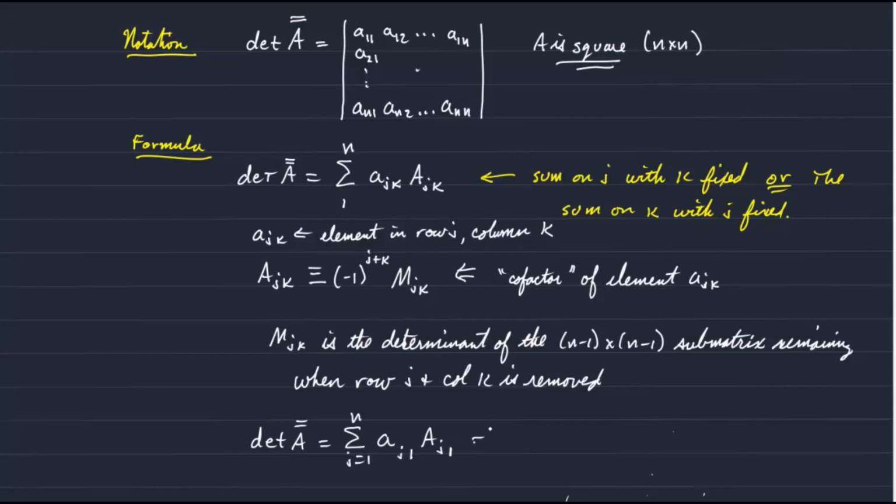And that's also equal to the sum, if we sum over K, of a_jk, and we could pick any value for J, so let's say 2, K, and then A_2K. So this is true for any value of K in the first case, as well as any value of J in the second case.